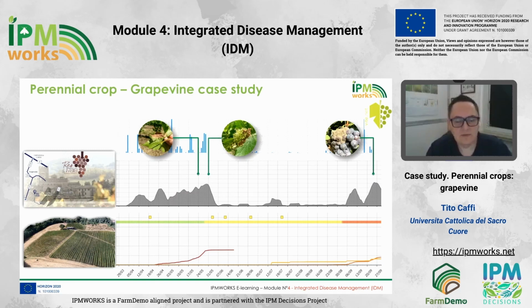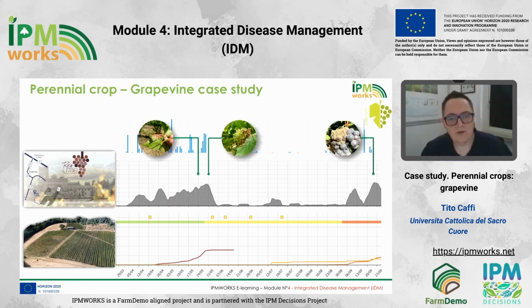Biocontrol agents, generally speaking, have lower efficacy compared to plant protection products, chemically synthesized fungicides, but at the very beginning of the season, they are facing a lower amount of pathogen, so the epidemic is not started yet, so they can effectively control the situation at that stage.